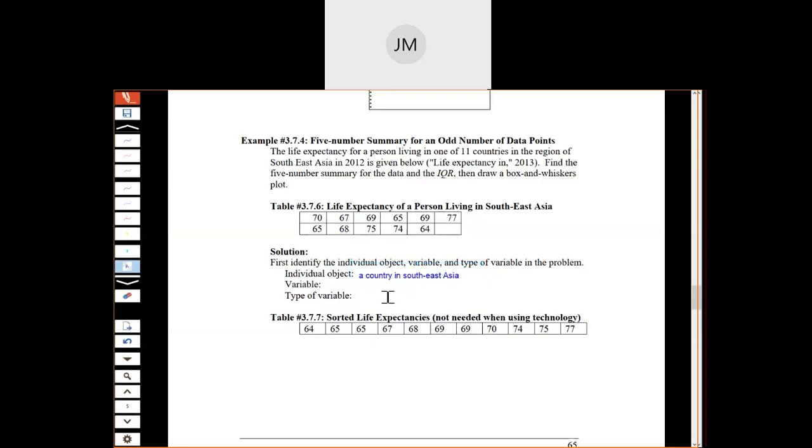Okay, and the variable, or the piece of information that we're collecting, is the life expectancy. Okay, and that's a numeric variable or quantitative.